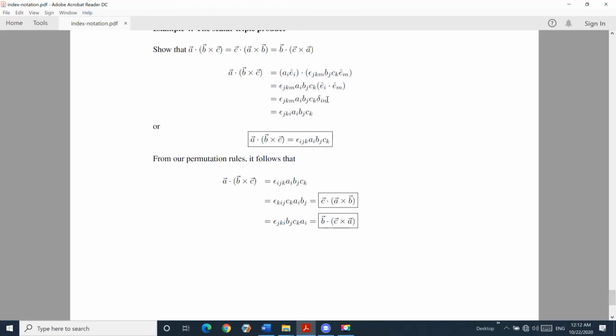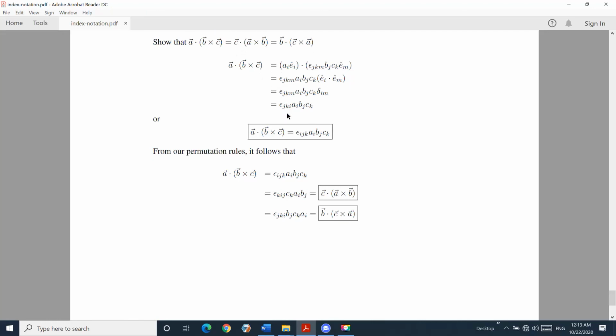Then we obtain this result here. Then we exchange this result is m. Okay, and we just move to here.